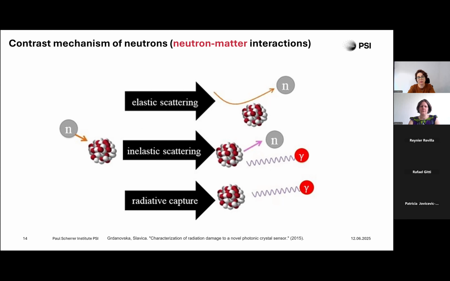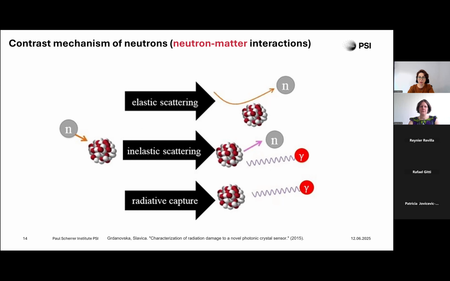What happens in elastic scattering is that neutrons collide with nuclei and bounce off, losing some of their kinetic energy, and they most efficiently do so on light elements like hydrogenous materials or lithium. So hydrogen-rich materials can appear strongly attenuating if you do a projection or even a tomography.